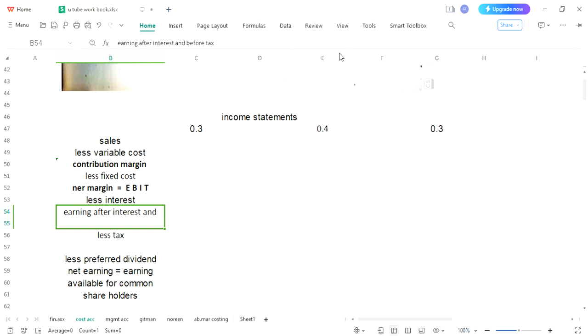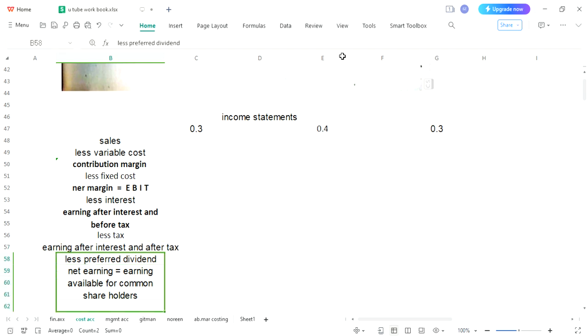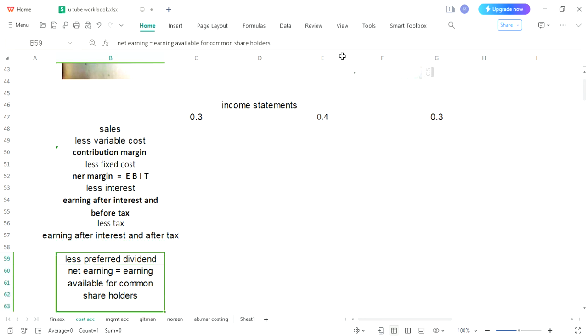Okay guys, we have our heading again. Perhaps we would need to merge the next heading as well. Now this would be earning after interest and after tax. Let's transfer this heading here because we need this space.